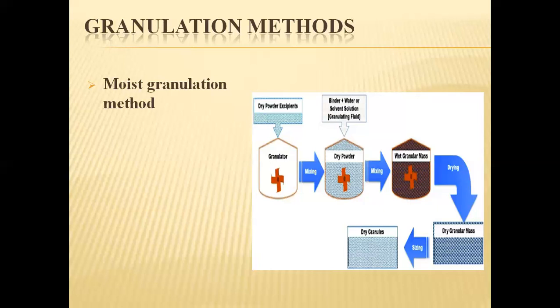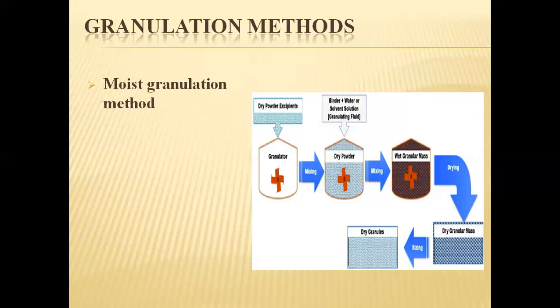There is a drawback, particularly a disadvantage of this method, which is that there is a possibility of over moistening the substance. The amount of binder solution we are going to add will play a crucial role in the quality of the prepared granules.